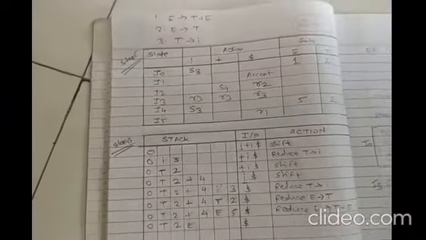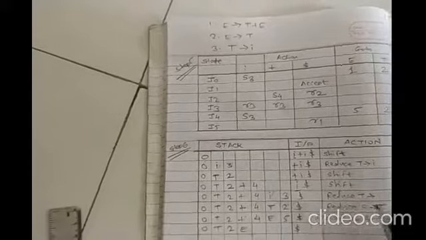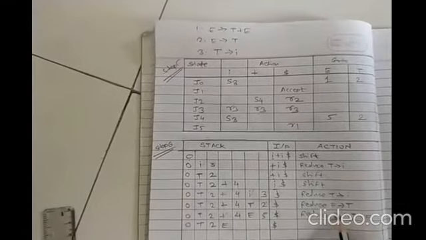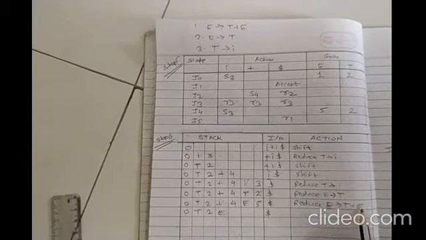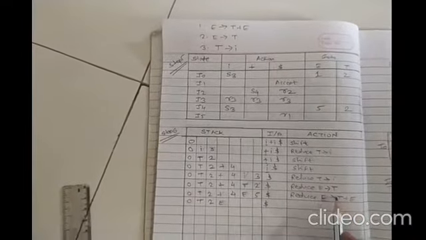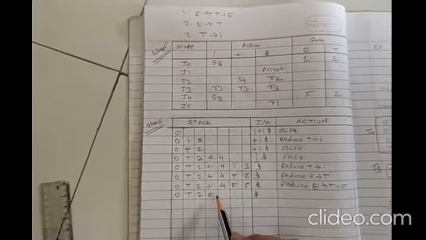Sorry, here 5 on dollar is nothing but the R1. So we started reducing with R1, that is first production T plus E. So 4 entries have been reduced.